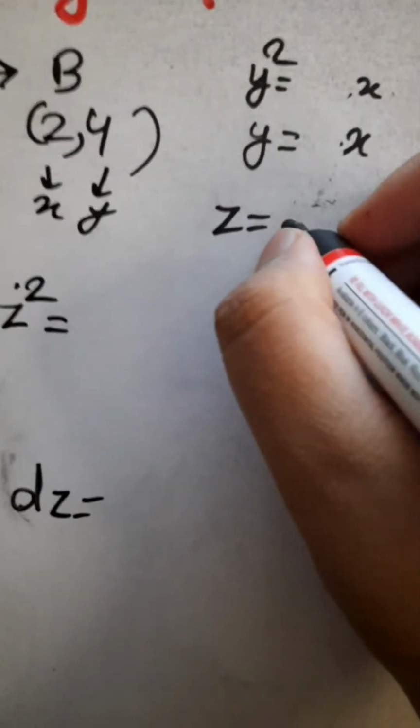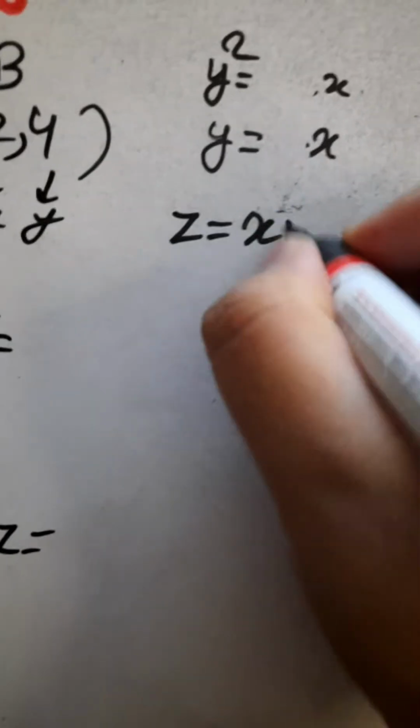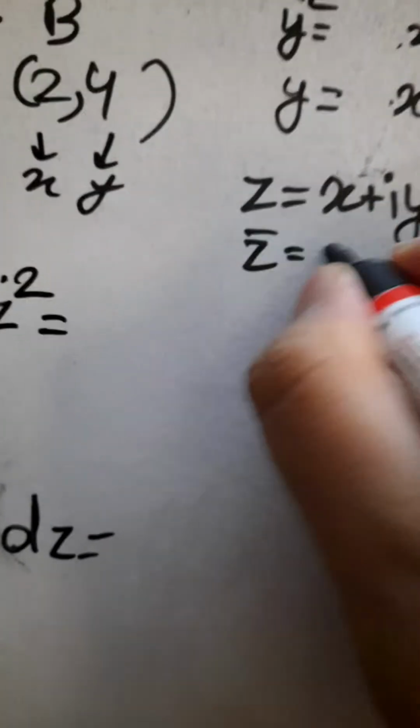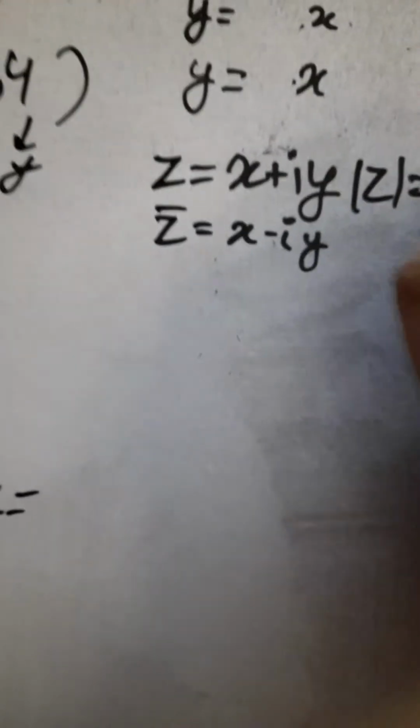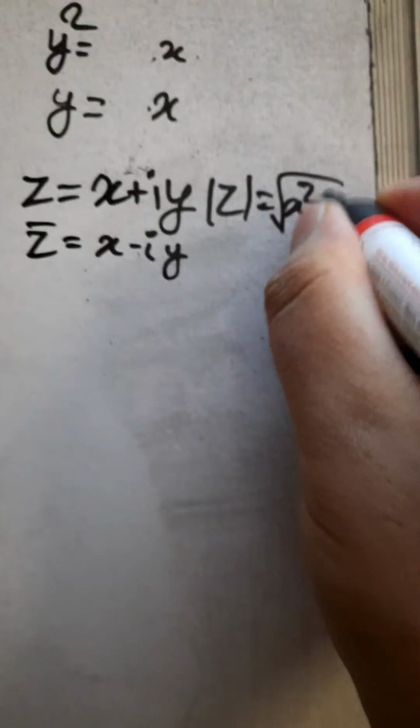So z equal to x plus iy in complex numbers, and the conjugate is x minus iy. Then mod z equal to root of x square plus y square, that average stuff.